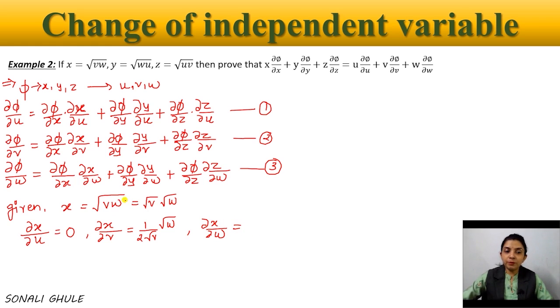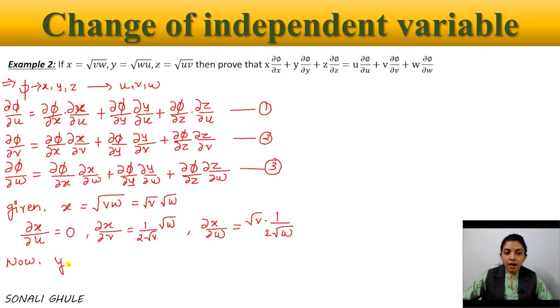Now this time root v will be constant and I have to take the derivative of root w. What is it? 1 upon 2 root w. That is the differentiation. Okay. So similarly, as we find all derivatives of x with respect to u, v, w, we have to find all derivatives of y with respect to u, v, w and all derivatives of z with respect to u, v, w.